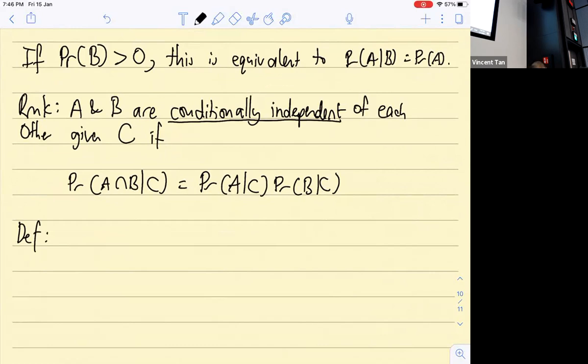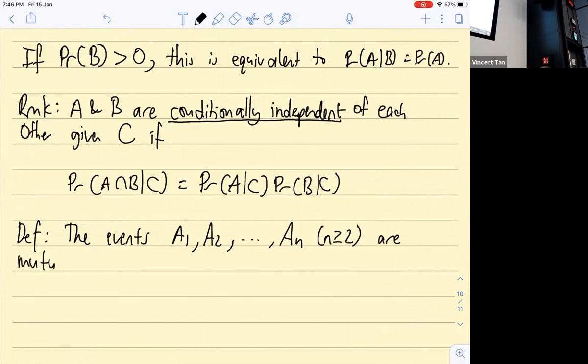Okay, mutual independence. We are going to talk about n events, A1, A2, up to An, where n is at least 2, that are mutually independent. I wrote independent in my notes, but it's not good enough. Mutually independent.